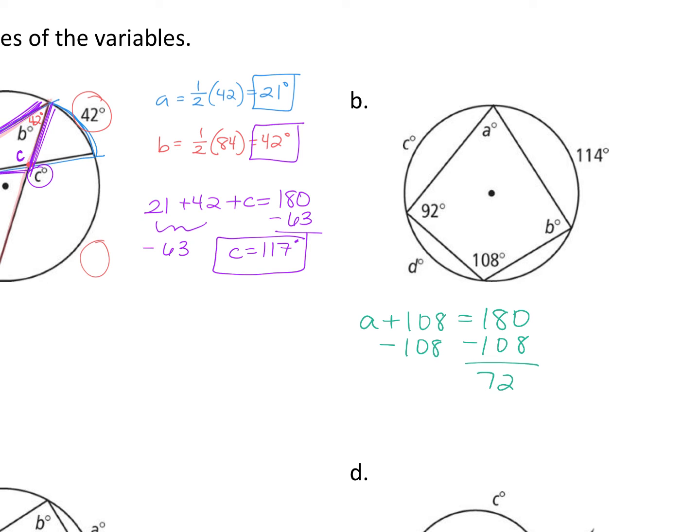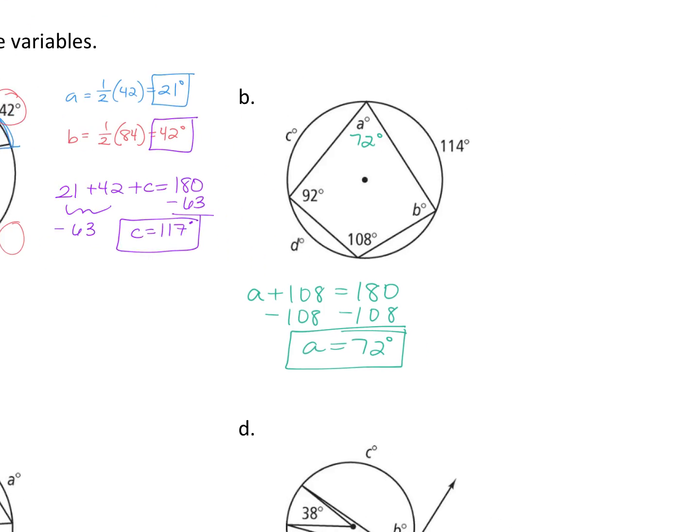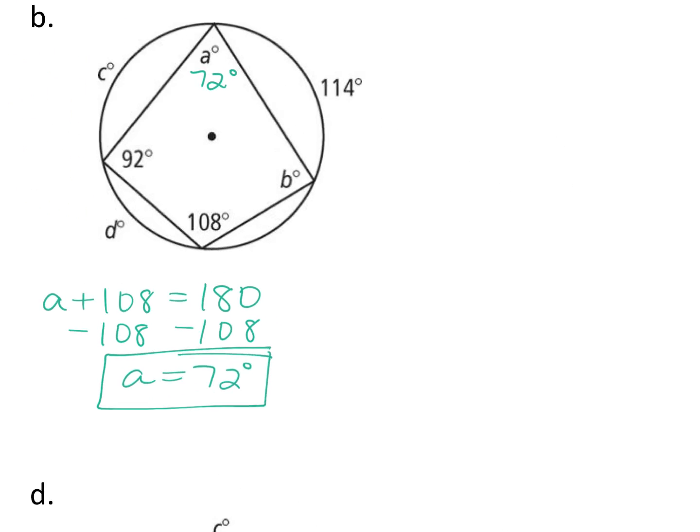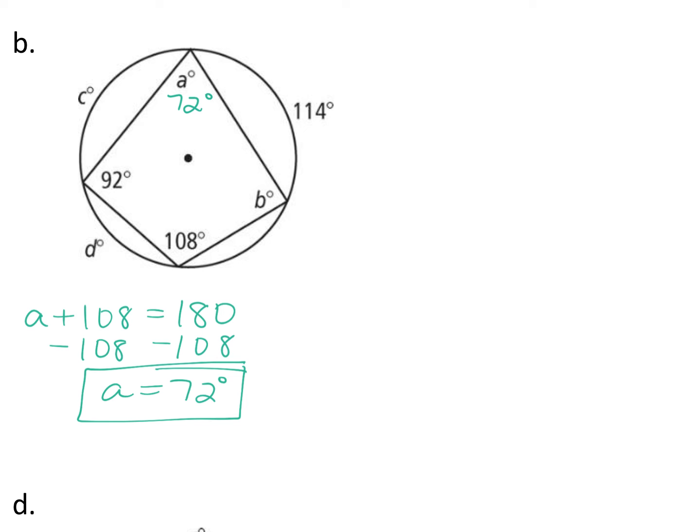So 72 degrees for A. Okay, what does that mean for B? It's 180 minus 92. So B is going to be 88 degrees.